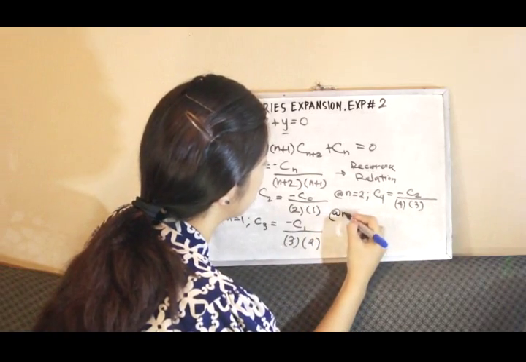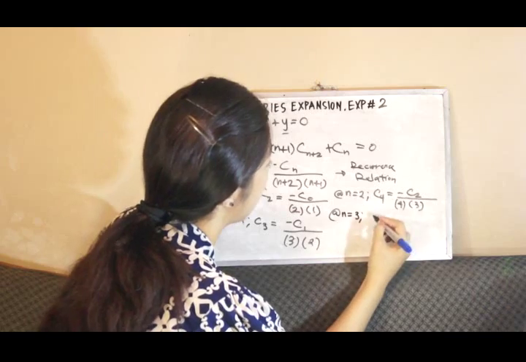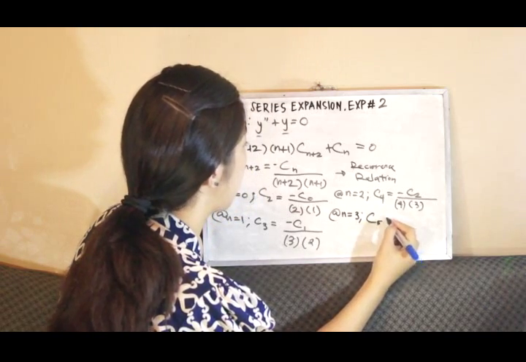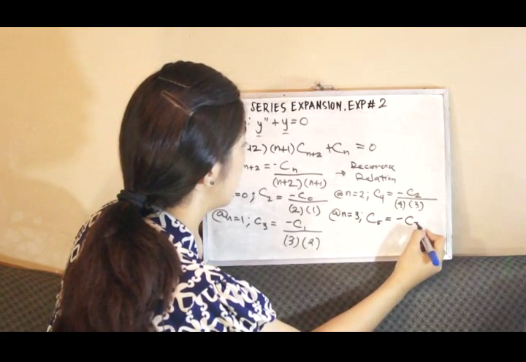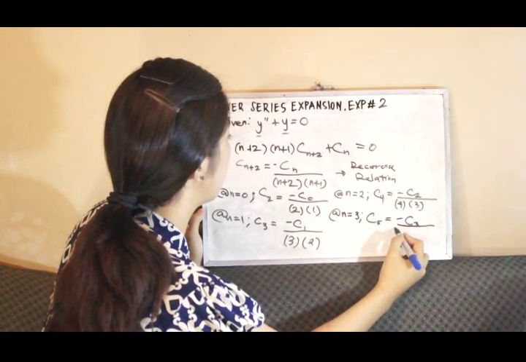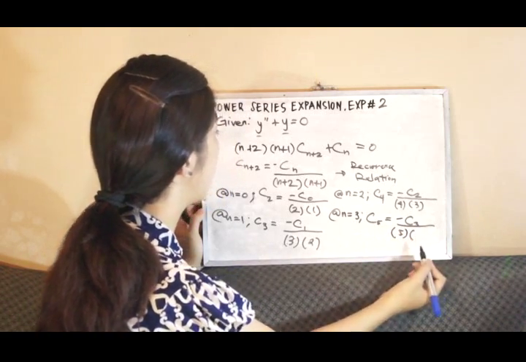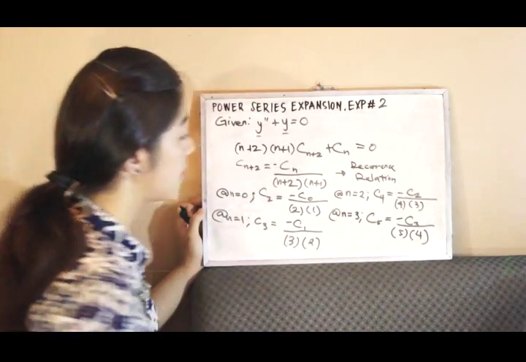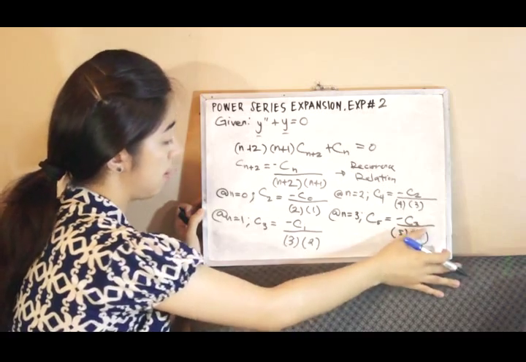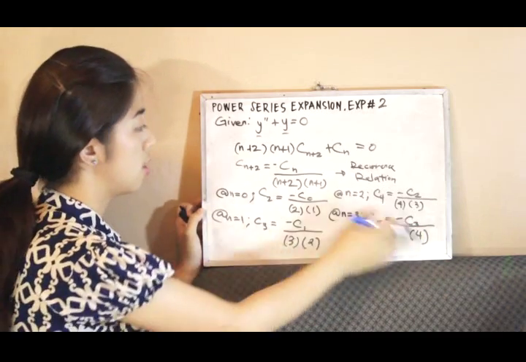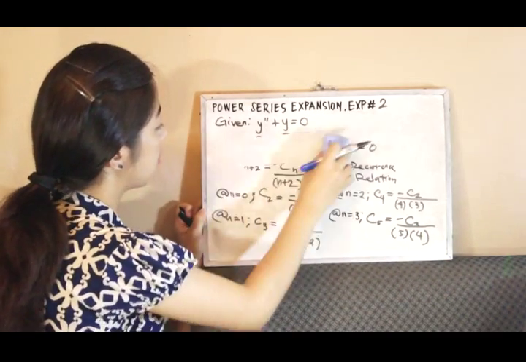We will just continue. N is equal to 3. We'll have c sub 5 equal to negative c sub 3 over 5 multiplied by 4. So, as you can see, we already have c sub 3 in here, so we can derive that.